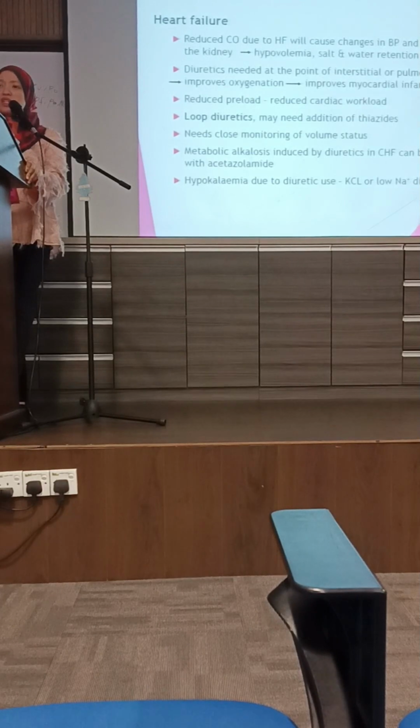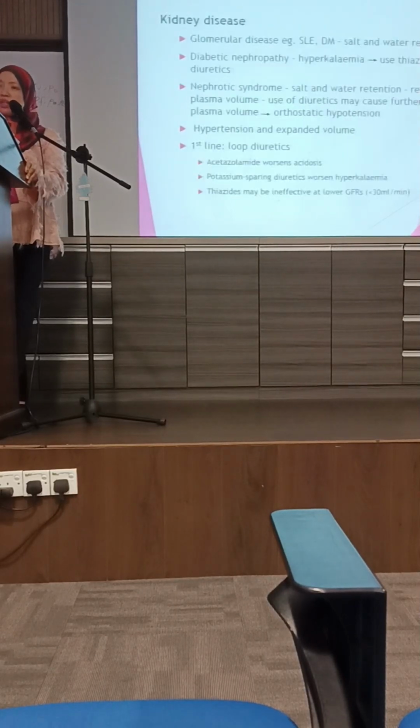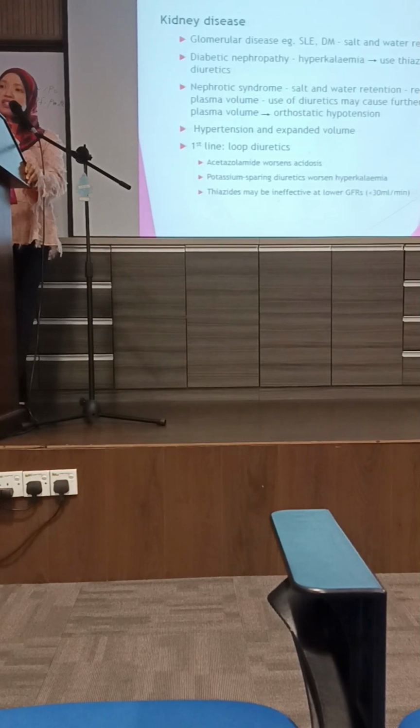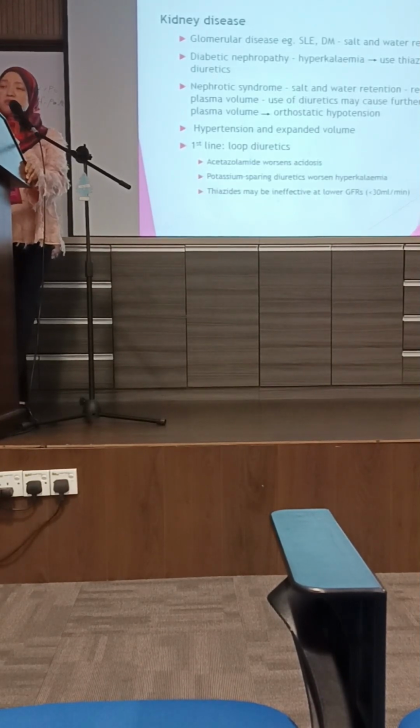Okay, and in heart failure we usually give loop diuretics or with the addition of thiazide. Okay, and then in kidney disease too, for example glomerular diseases secondary to SLE, diabetes mellitus, this kind of patient presents with ankle edema as well due to salt and water retention.